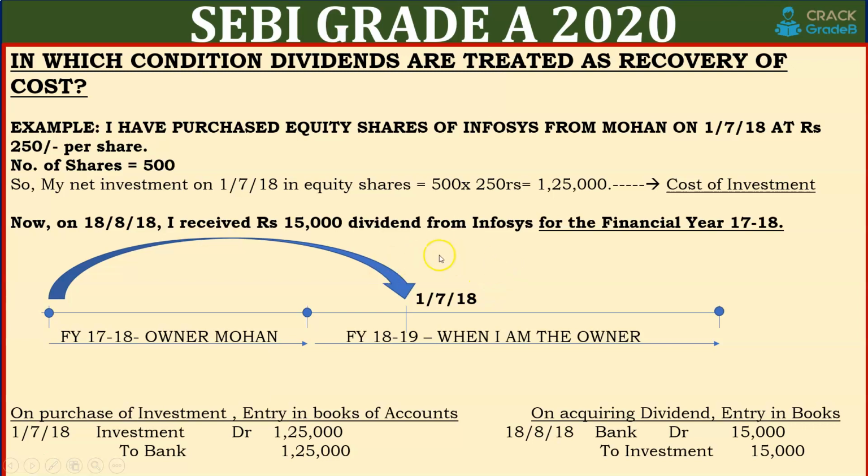And the treatment for pre-acquisition dividend and post-acquisition dividend is different. ठीक है, अब अगर आप ये देखें कि इस डेट पे, दैट इज 1st जुलाई 2018 पे डिविडेंड मिला मेरे को, बट ओनर कौन था जिस टाइम पे डिविडेंड डिक्लेयर हुआ, मतलब जिस ईयर के लिए डिविडेंड डिक्लेयर हुआ है उस टाइम के लिए ओनर कौन था, दैट वाज मोहन.